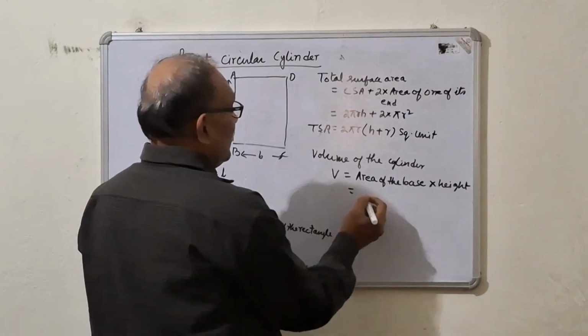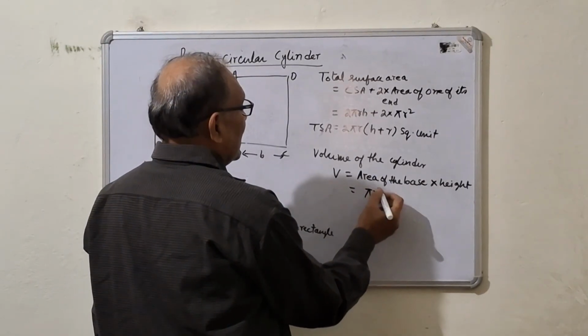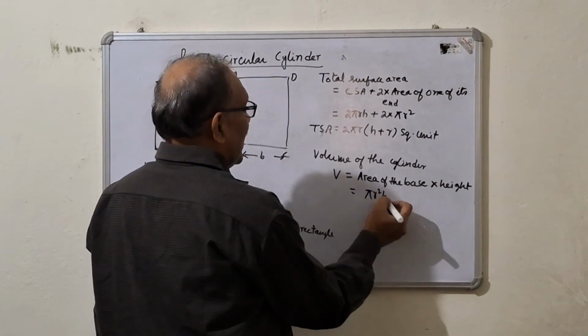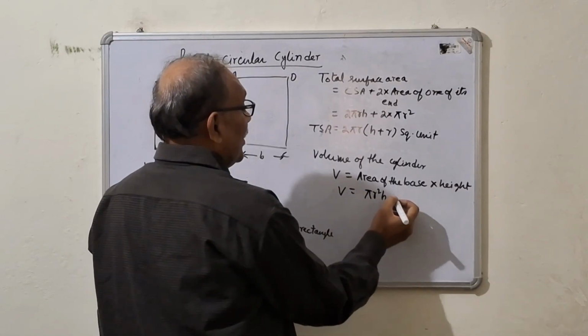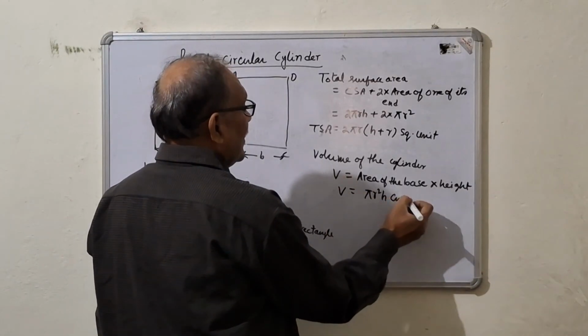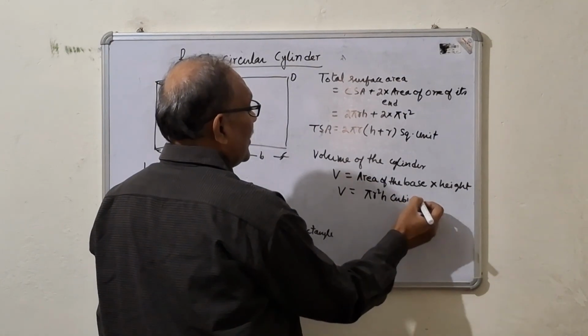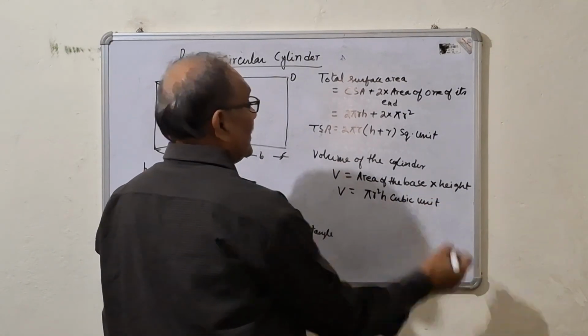So the area of the base will be pi r square into h, and the unit will be cubic unit.